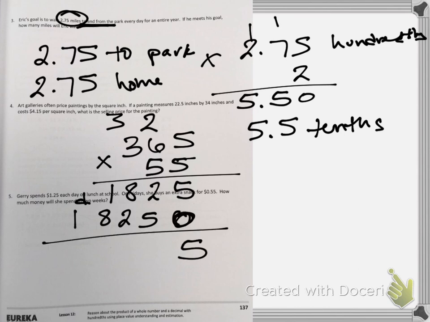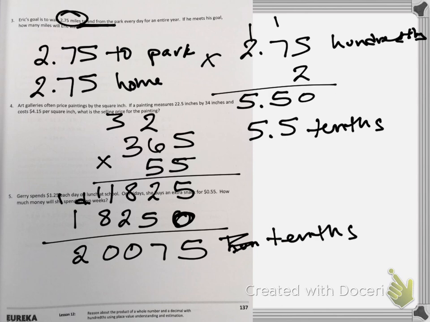Save some of the work for us. So I got 20,750. Oh, wait, we multiplied by tenths, so tenths. So if we put this in tenths, we should have 2,007 5/10 as our answer. That is how much he walked to and from the park.